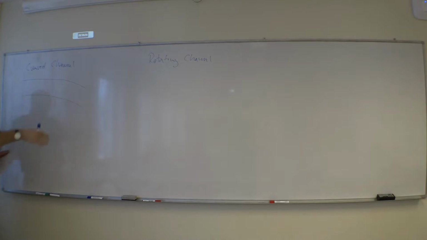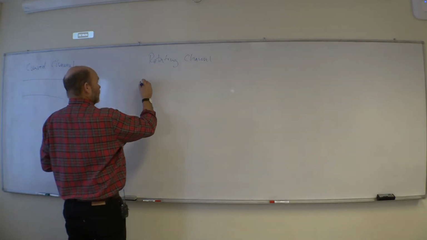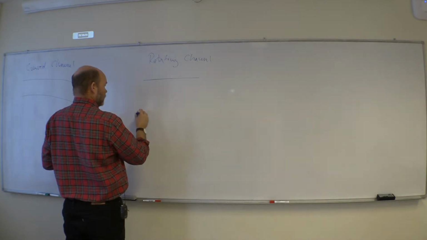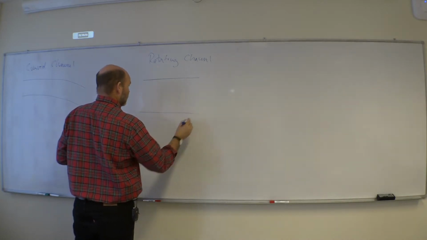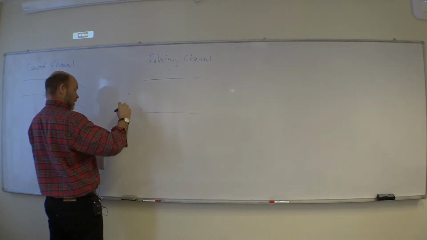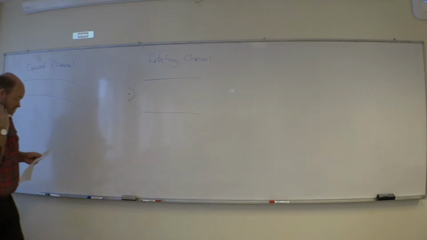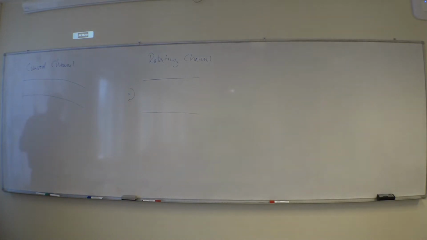It can be quite weakly curved, actually. And then here we have a rotating channel. So let's say the point of rotation is here, and let's do it clockwise. So now what's going to happen?